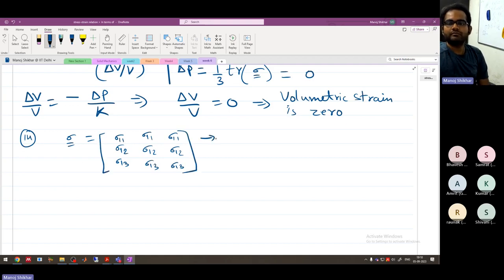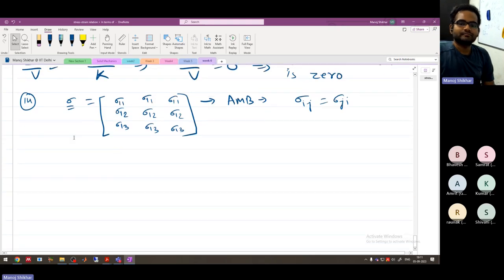Now, what do we know from AMB? From AMB, we know that sigma ij is equal to sigma ji. This says that our stress matrix is symmetric.